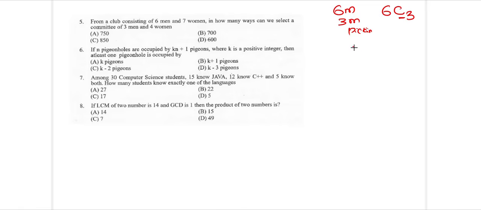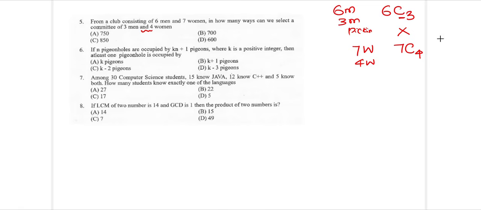And there are going to be 7 women, out of which we want 4 women. So how can you pick 4 women from 7 women? It is 7C4. So I can pick 4 women from 7 women in 7C4 ways. You want a committee of 3 men and 4 women, and whenever you have the word and, you will have to multiply.